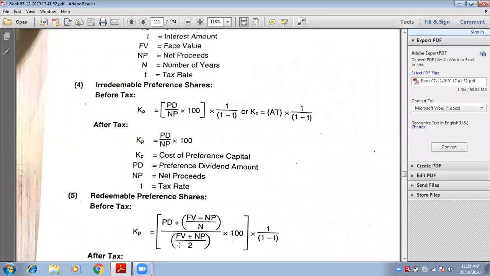Then it is paid to the government. Then the final net profit which is left over is paid to the preference share and equity shareholders. Therefore, they don't get tax benefits.